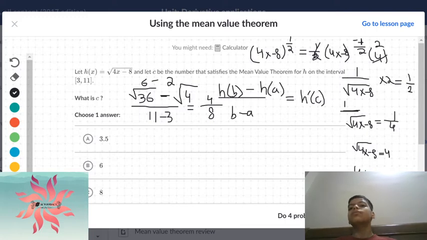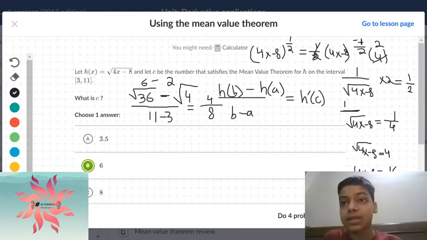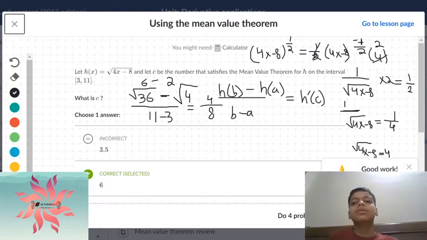This will be 4x minus 8 is equal to 16. 4x is equal to 16 plus 8, which is 24. x is equal to 6. Now we found the real answer. Let's check. Correct.